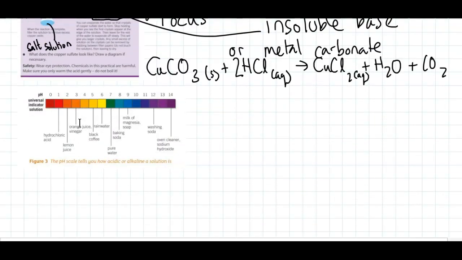Finally, let's just talk about the pH scale. So we know that the pH scale shows us how acid or alkali something is. Remember that it's the hydrogen ions and how concentrated they are that tell us how acidic something is.